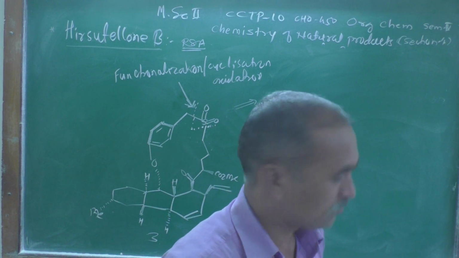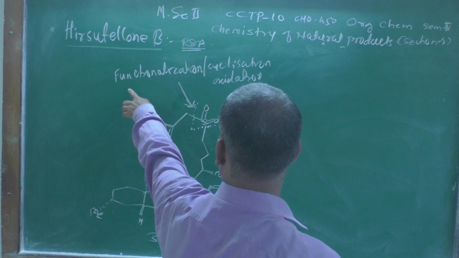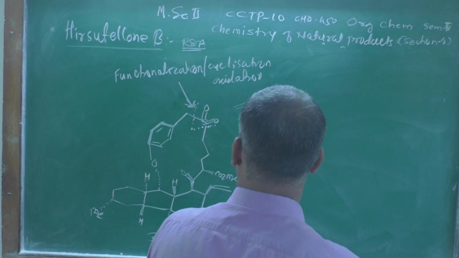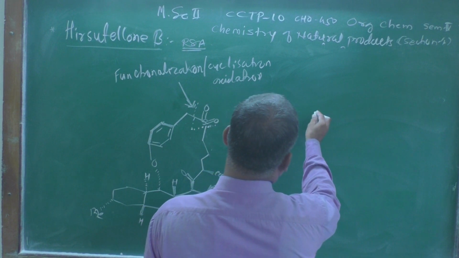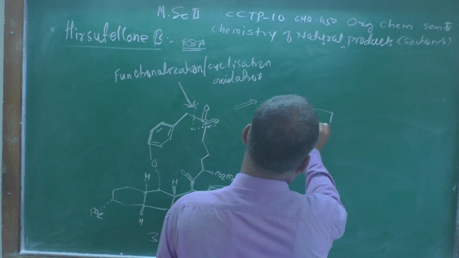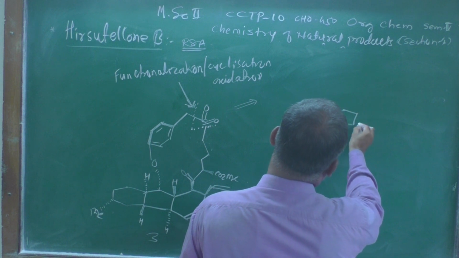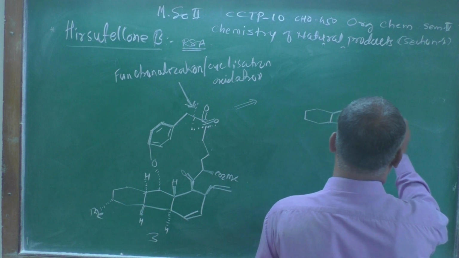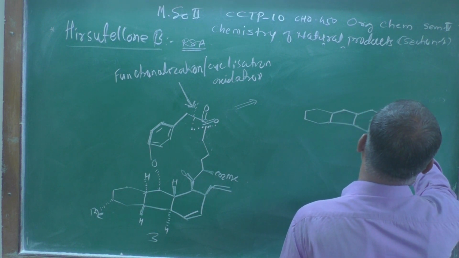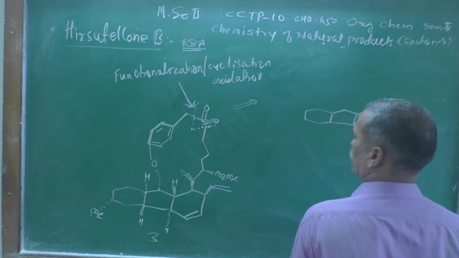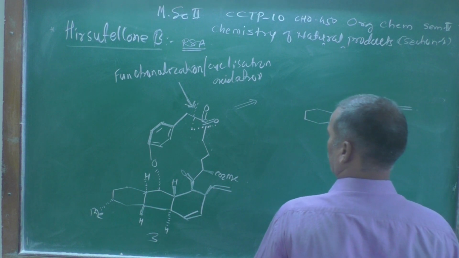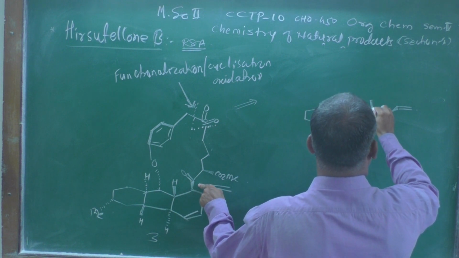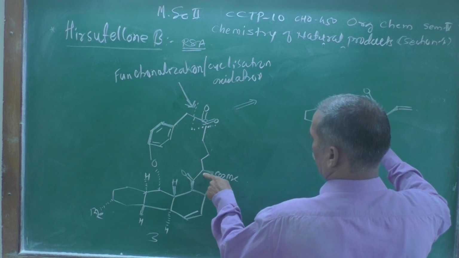Now after using functionalization or cyclization, oxidation, you are going to get the product, which will be this one: a 6-membered ring attached to a 5-membered ring, and then this double bond and this double bond remain as they are. Only the changes are here. This also remains as you see, C double bond O.